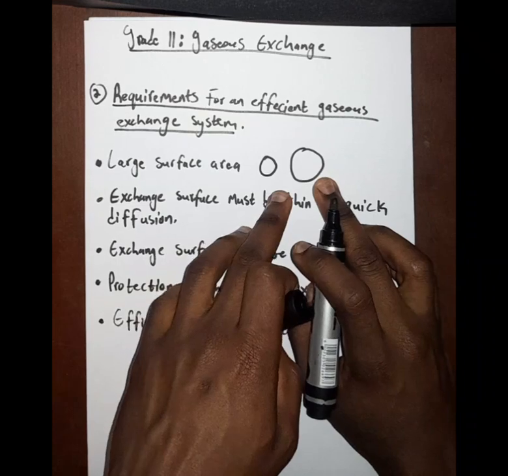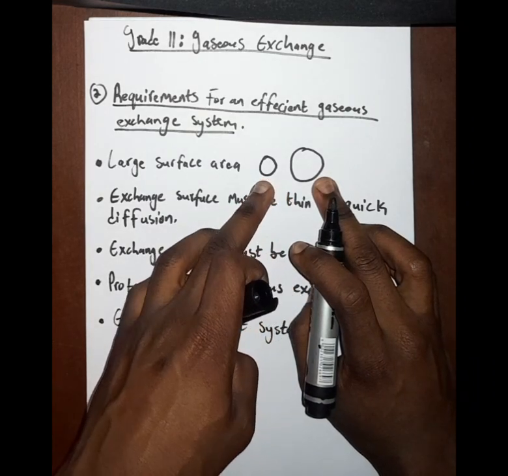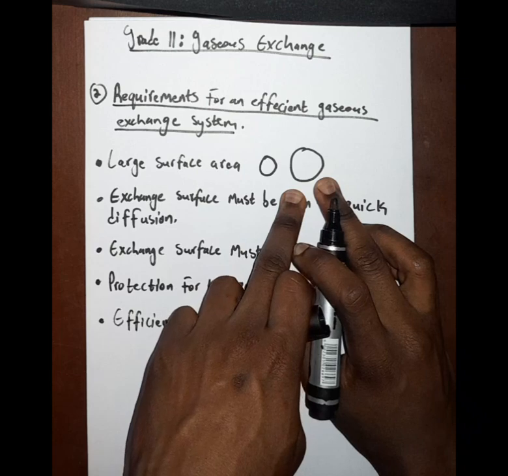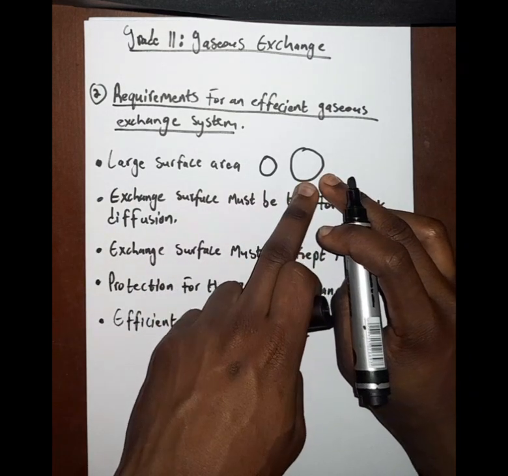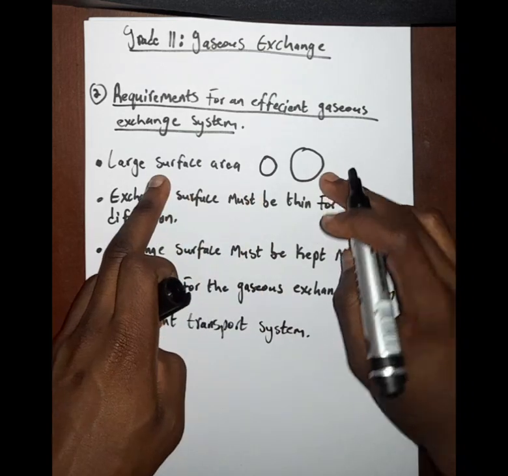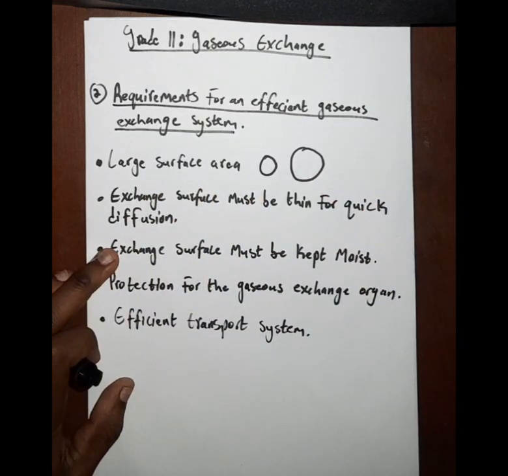That means in this smaller circle there's going to be less gaseous exchange, and in this bigger circle there is going to be more gaseous exchange, because this one is larger, and therefore there's a large surface area for the gaseous exchange to occur.